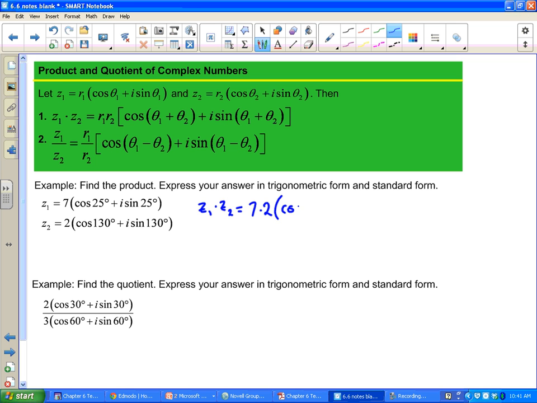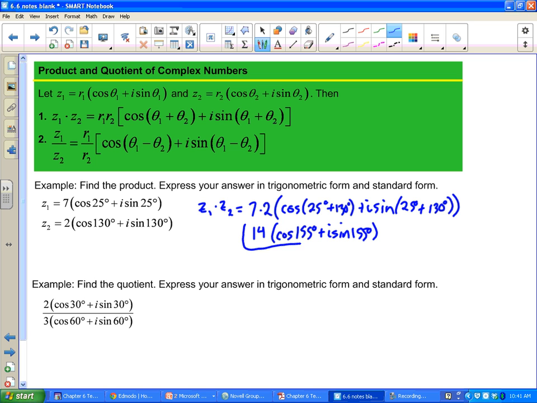And in parentheses, we would put cosine of our angles added together, and plus i sine of our angles added together. We would simplify that. 7 times 2 is 14. 25 plus 30 is 155. And so this is the trig form of that.